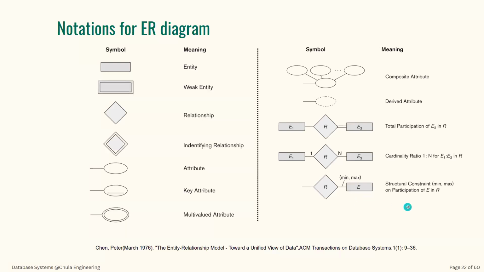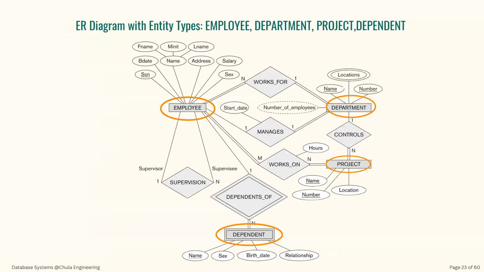We will see more in the next slide. So I already circled the entity types, which are employee, department, project, and dependent in this picture. Can you see which one is the derived attribute? Derived attribute.